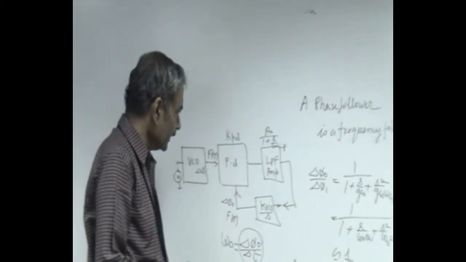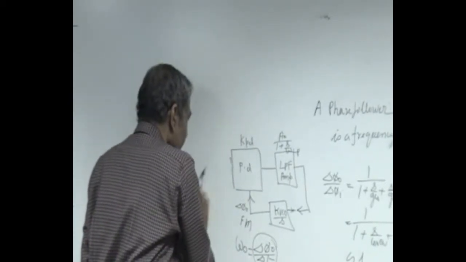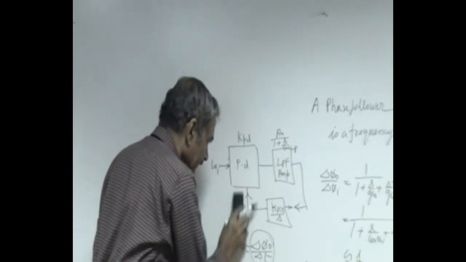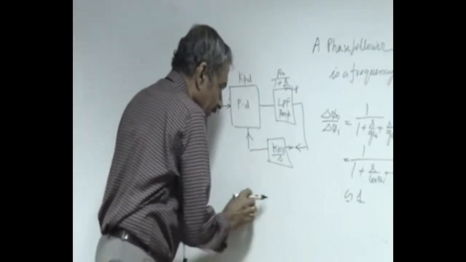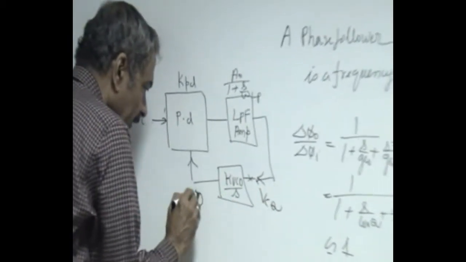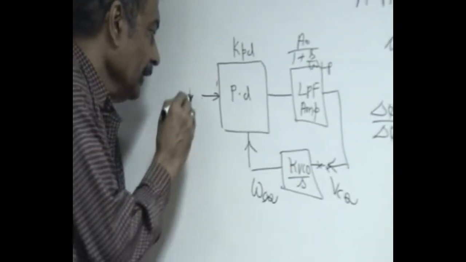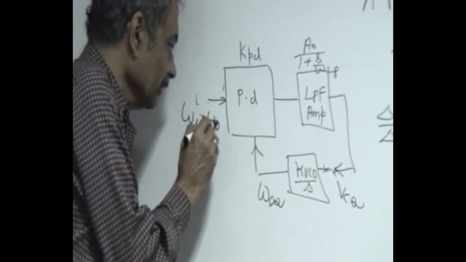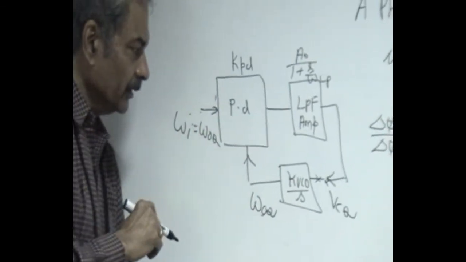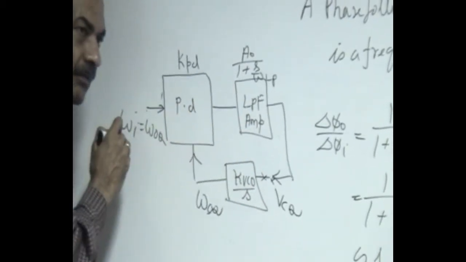That selection procedure we can understand if we see what happens when initially we have an incoming frequency which is the same as what is called the free running frequency. This particular VCO, even when nothing is applied here, is running at a constant frequency of omega naught Q. So if omega I is equal to omega naught Q, the same as the output frequency of the VCO prior to application of any input, then nothing should happen, because this frequency is the same as the incoming frequency.